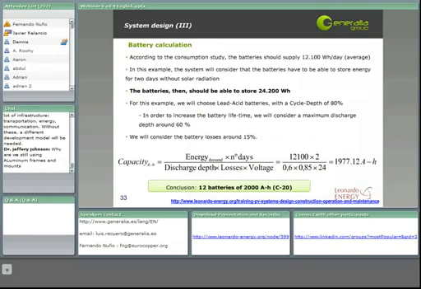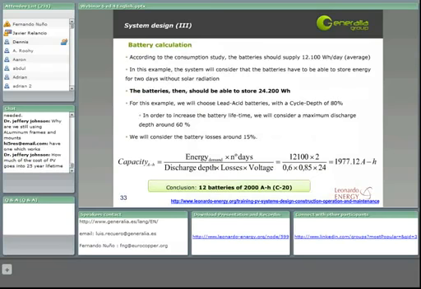So, a good recommendation could be to consider a maximum discharge depth of around 60%, even if these batteries can get up to an 80%. We consider just a 60% in order to increase the battery lifetime. If we consider now the battery losses of around 15%, we will get to the formula to calculate the capacity, which is at the bottom of this slide.